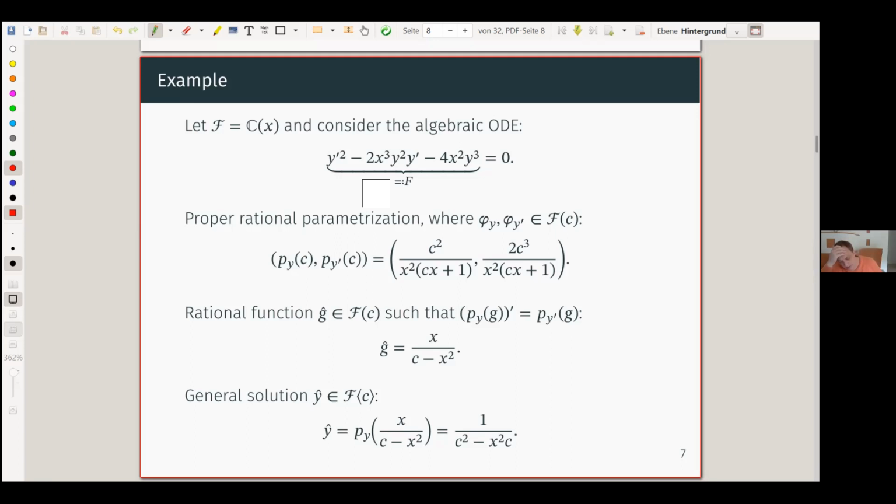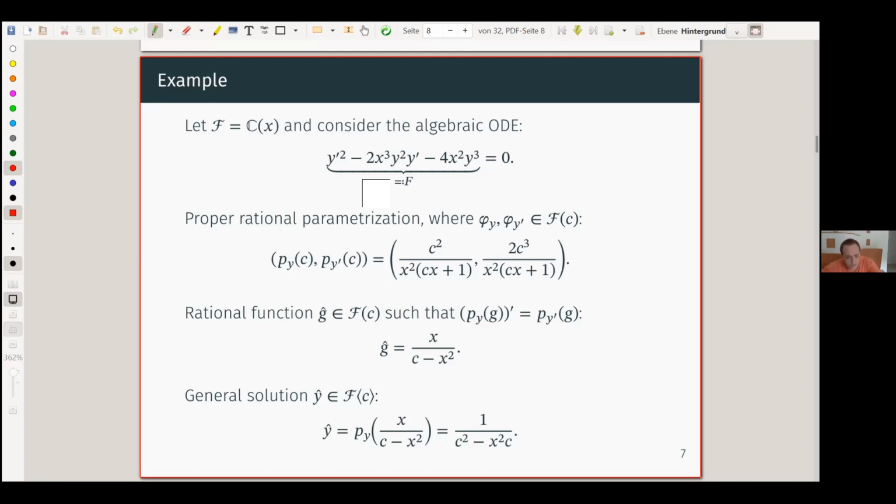Now, if you can find a rational parametrization of this curve, then you're able to reduce this differential equation to a quasi-linear differential equation, actually either a linear or a Riccati equation, such that the rational general solutions of these correspond, and you can transform the rational general solutions via the rational parametrization into each other.